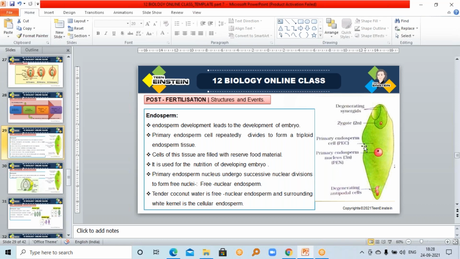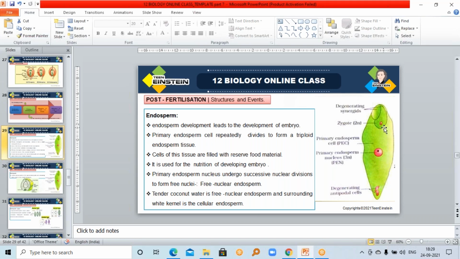In the embryo sac, you can see it is 8 nucleated and 7 celled, right? We have already discussed this. Embryo sac means there are 7 cells. Here, 3 cells, and on the opposite end also 3 cells. So on both ends it will have 3 cells, right? Here 3 cells you can see, here 3 cells, and the middle or central cell is the large cell, right?